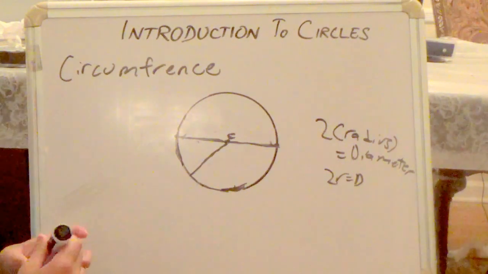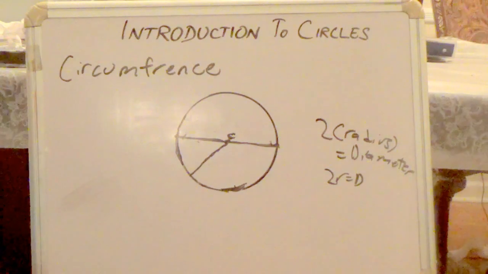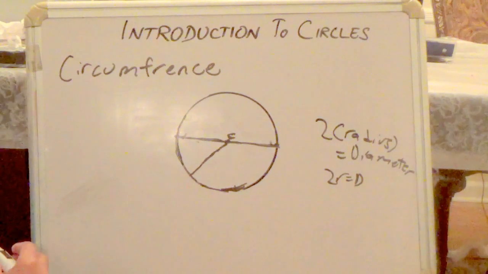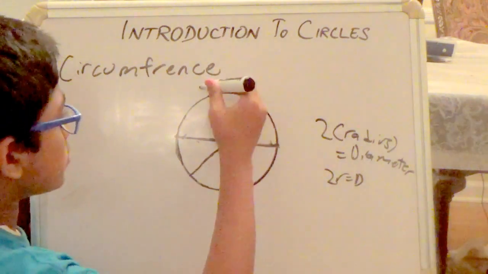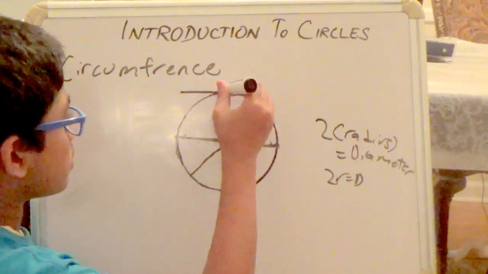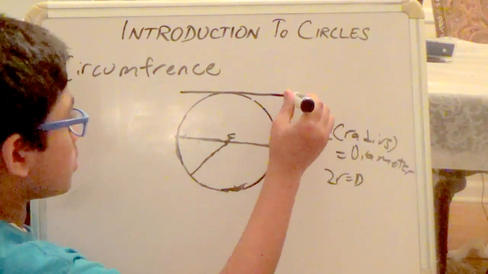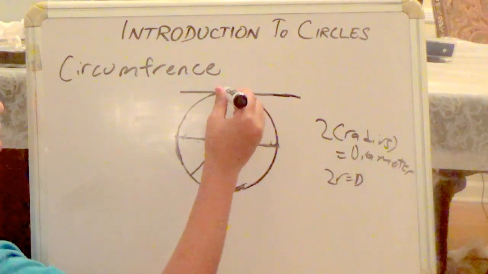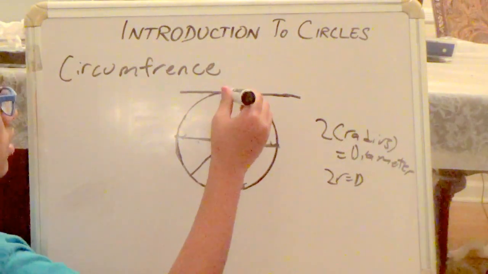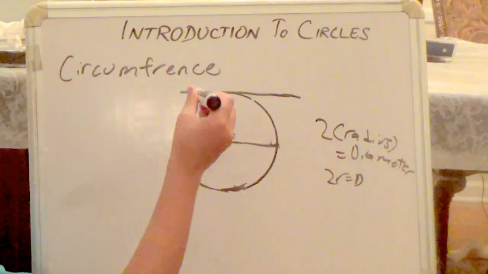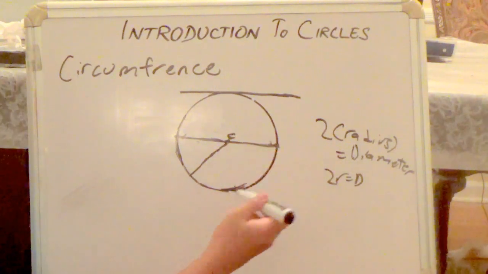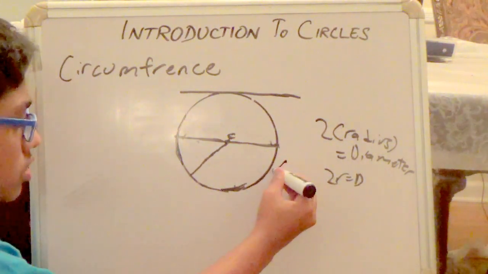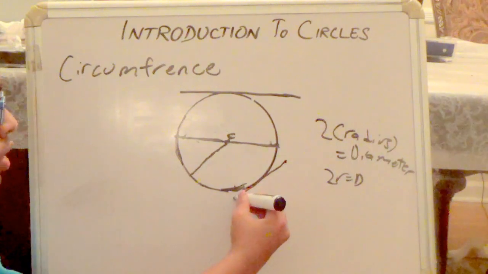Okay, so now what we'll talk about are secants and tangents. What secants and tangents are, it's really easy actually. A tangent is a line that just touches a circle at one point.